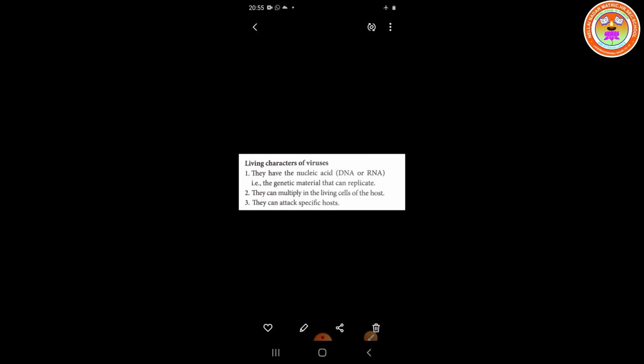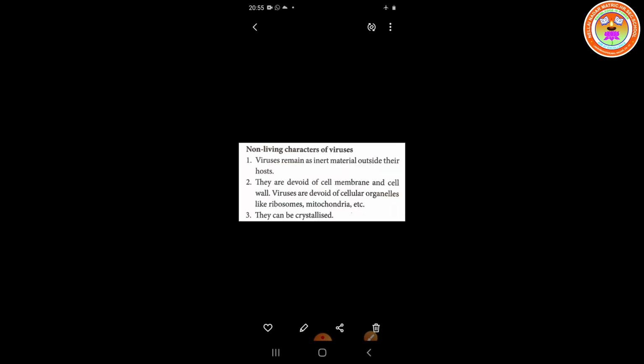First we are going to see the living characters of viruses. They have nucleic acid, DNA or RNA, which acts as genetic material. They can multiply when inside the living cell, the host. They can attack a specific host.